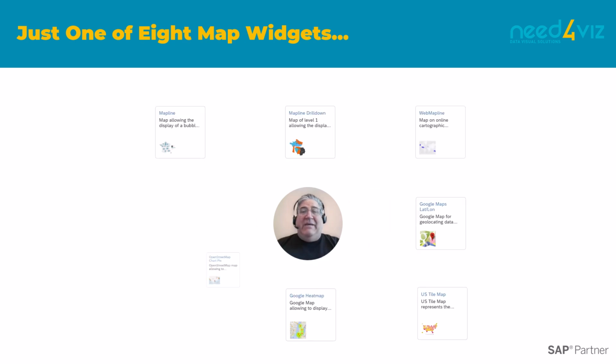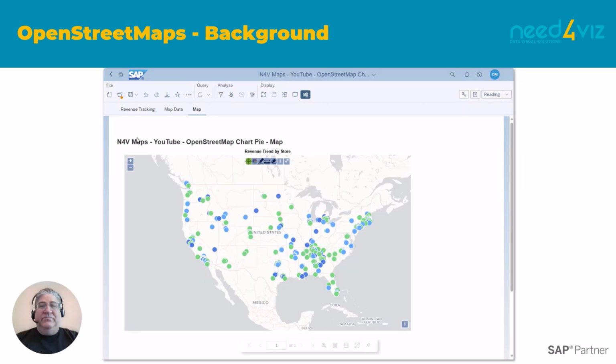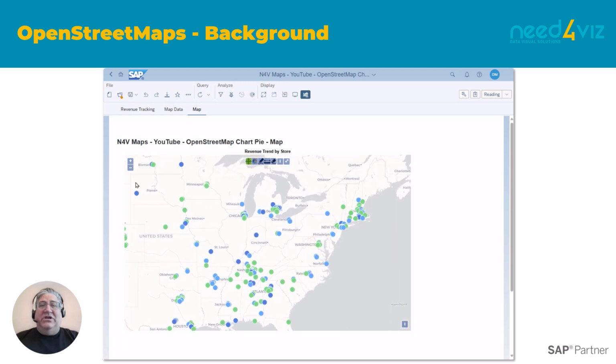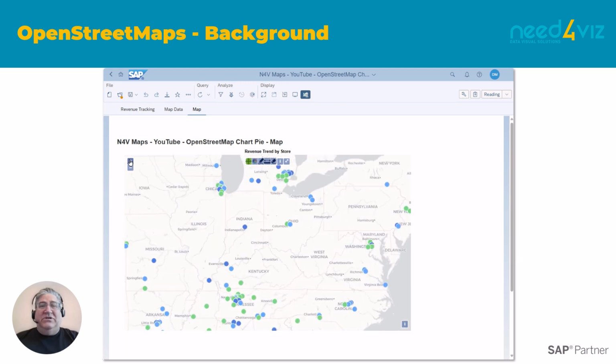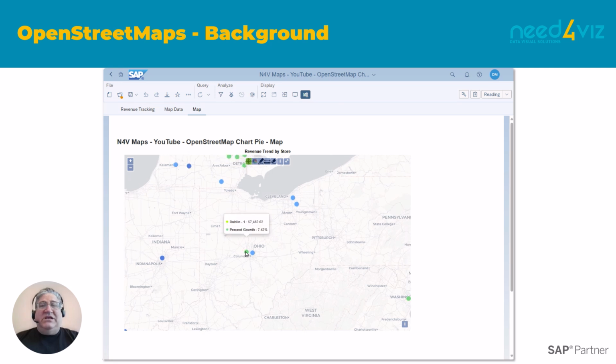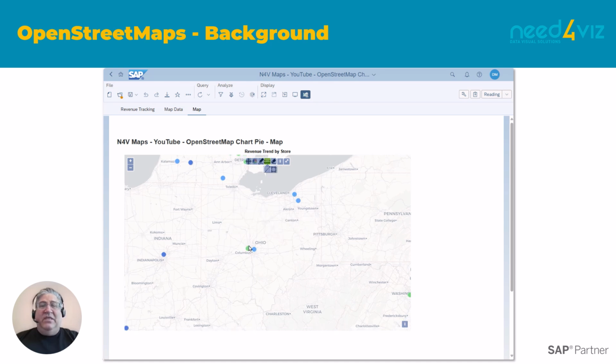The OpenStreetMap is one of 8 map widgets included in N4V for Webby. It uses geolocation with latitude, longitude to display a tooltip. By displaying an additional dimension and an associated measure, it can also display a pie chart around a pin, which itself can be color-coded into ranges.